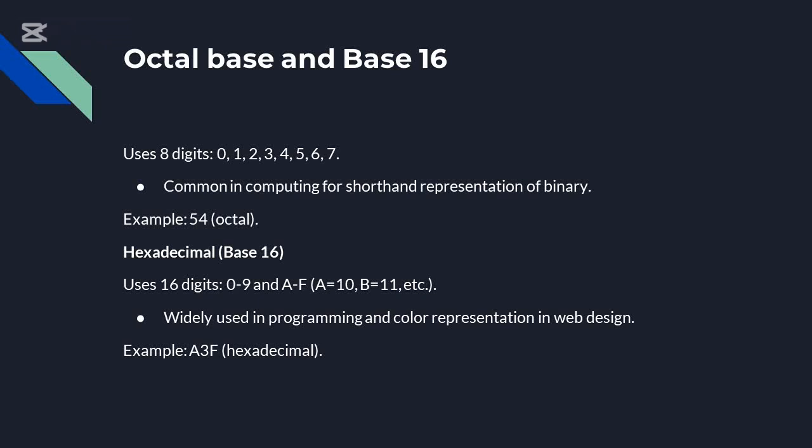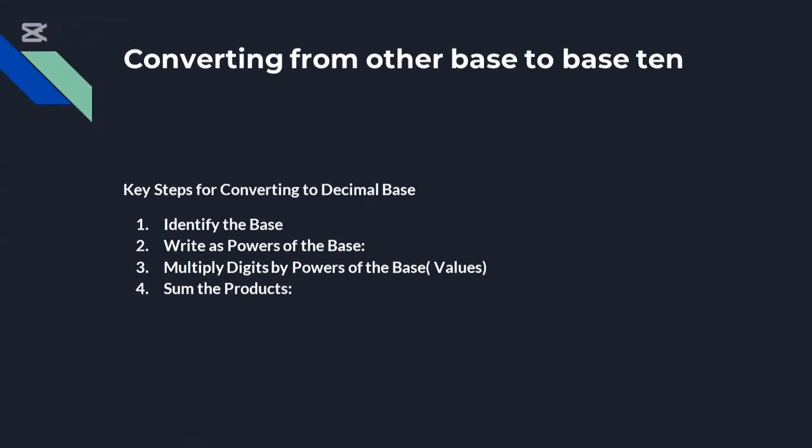So today we have to talk about converting from other bases to base 10, which is another key important thing to note when you are talking about number bases. So what is so important here? You need to know the key steps when you are converting from other bases to base 10. The steps are: 1. Identify the base. Make sure you know what the base is. Write as powers of the base.